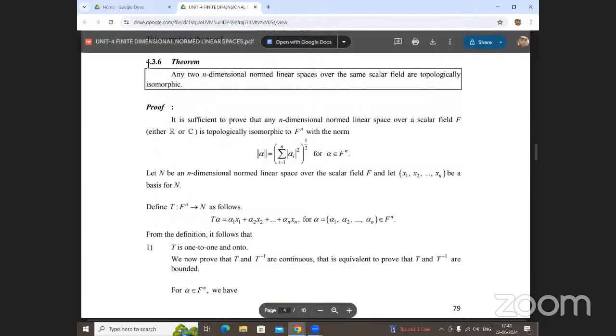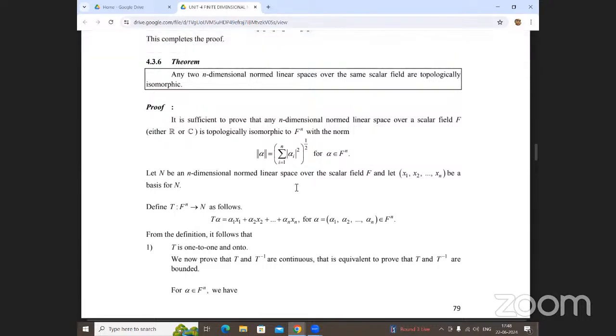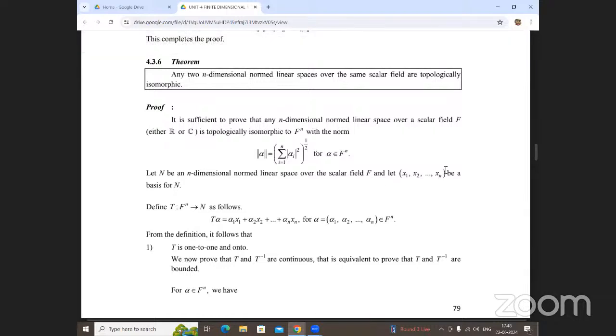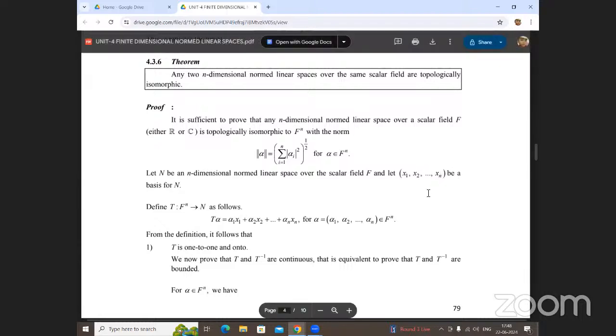Now here capital N is the n-dimensional normed linear space. Consider a bijective map from n-tuples onto N. Let x1, x2, and so on up to xn be a basis for N, because this is the finite set of basis elements. So that is called finite dimensional.